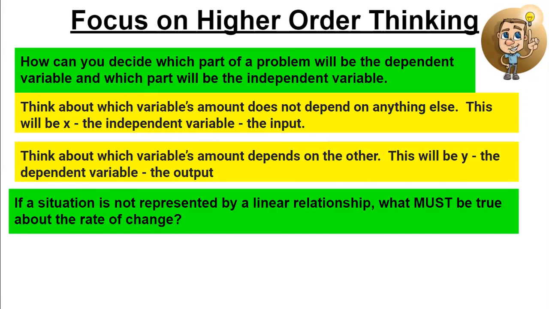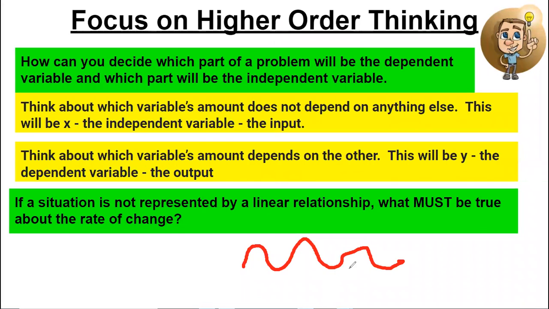If the situation is not represented by a linear relationship, what must be true about the rate of change? If it's not a line graph, what do you know about the rate of change? What do you know about the slope if you have something like a roller coaster?